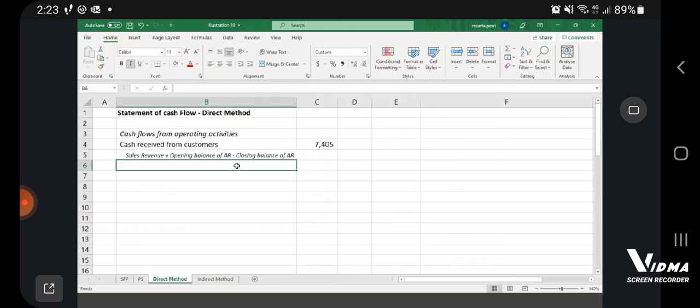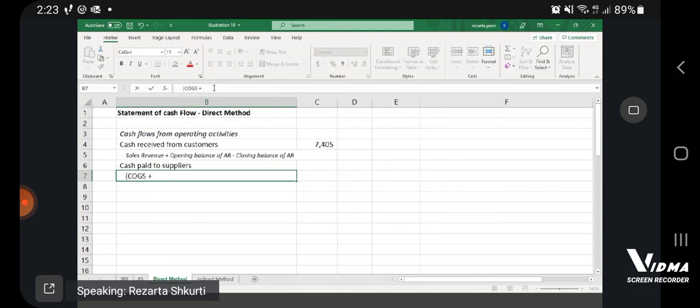The most complicated item in the direct method is the cash paid to suppliers, because it involves, as we said, many items. We start with cost of goods sold from the income statement. The first thing that we do over here is to convert the cost of sales into purchases using the inventory equation.